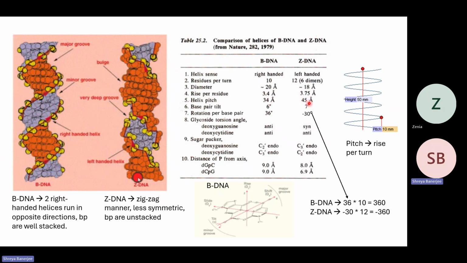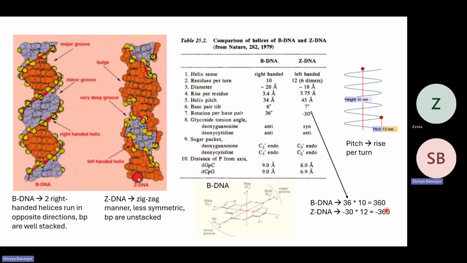Similarly for zDNA. Now if you look at the rotation per base pair, rotation per base pair for bDNA is 36 degrees, and there are 10 residues per turn. So as expected, rotation per base pair into the number of base pairs per turn will complete an entire 360 degrees.